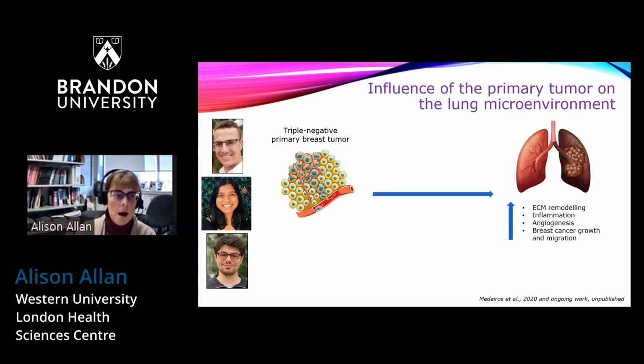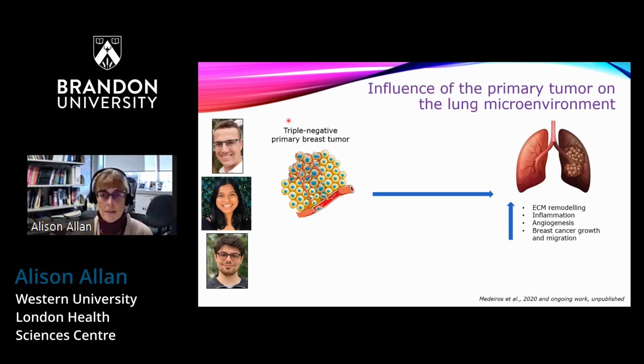And so a PhD student in my lab, Braden Medeiros, started to look at that, and sure enough, when we compared lung conditioned media between non-tumor bearing mice and tumor bearing mice, particularly in animals with really aggressive subtypes, this one's called triple negative, which is the poorest prognosis breast cancer, then the microenvironment was actually different.